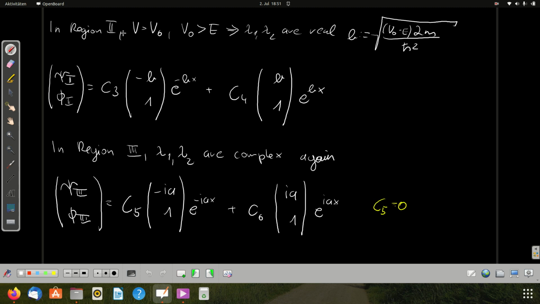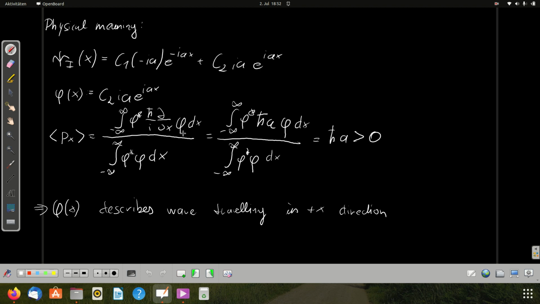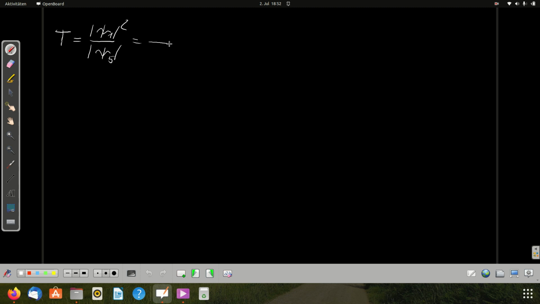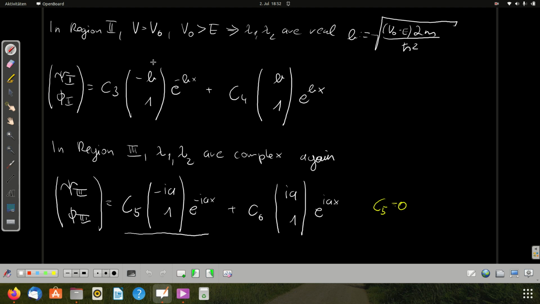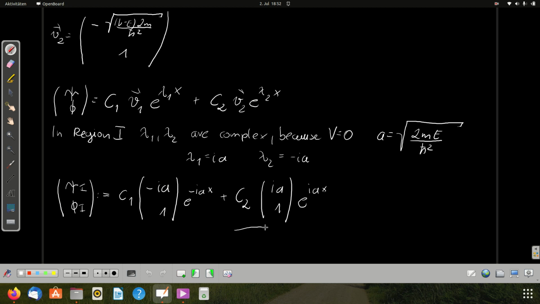But again, due to our analysis, we can say that it must actually be c5 times minus ia, squared, over c2.